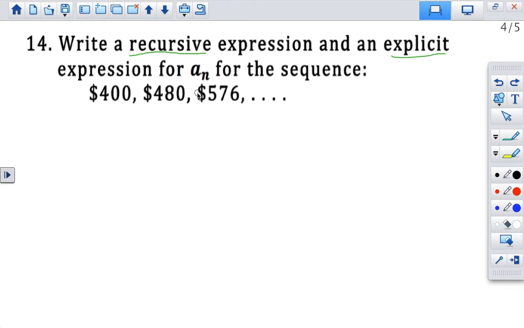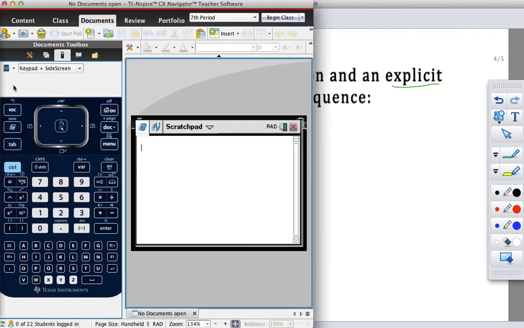So because it's not arithmetic, let's go ahead and see if it's geometric. So 480 divided by 400. Let's see what that is. You can do this a couple ways. You can just reduce your fraction, or you can plug it into a calculator. And because thinking and talking and being recorded all at the same time is very disconcerting, I'm just going to plug it into my calculator.